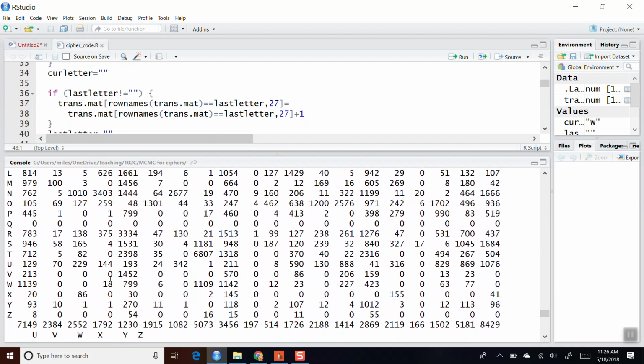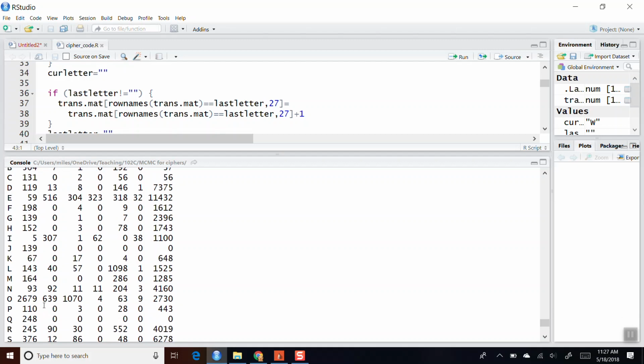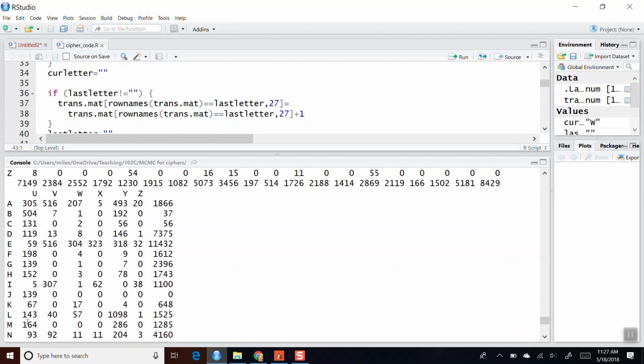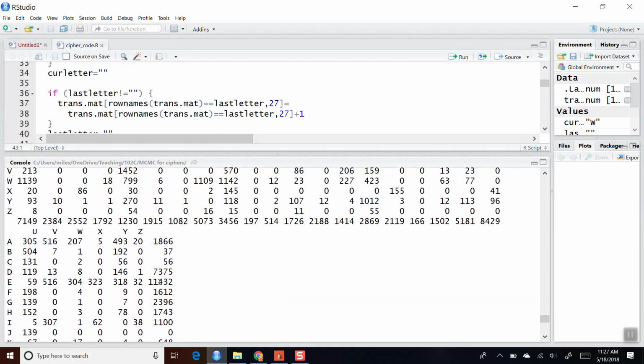And then there's a lot of combinations that did not happen, like Q followed by any letter happened 0, 0, 0, all of those 0 times. Q followed by U happened 248 times, but Q followed by any other letter so far has happened 0 times. And we can see lots of words end with E. This is E followed by space.